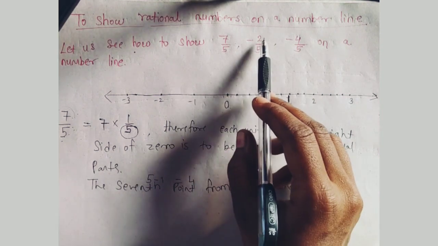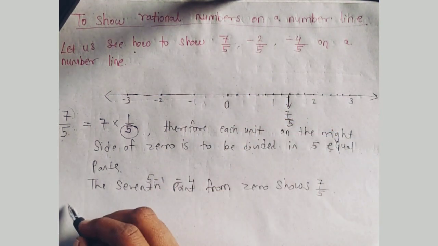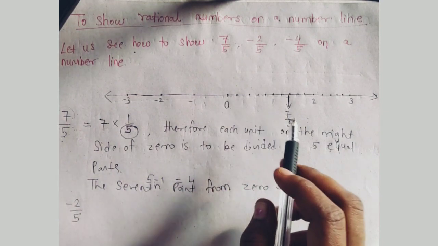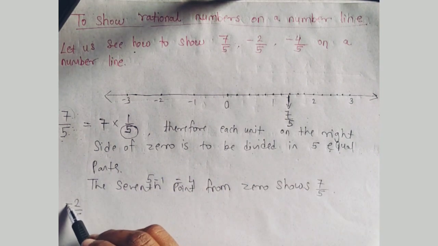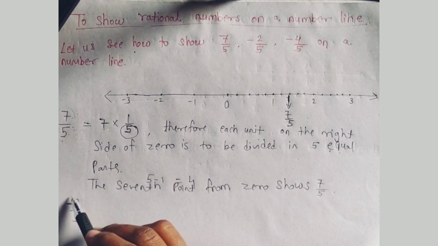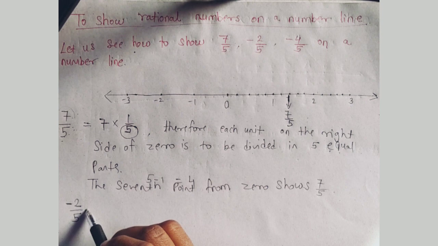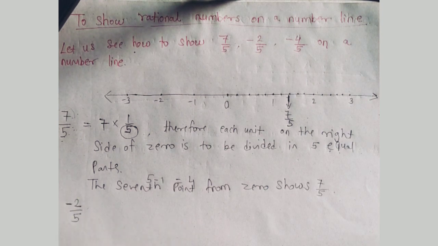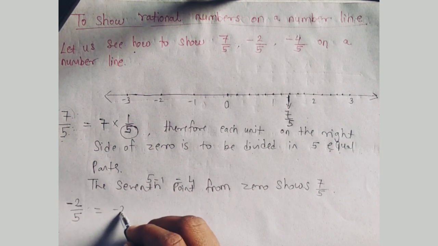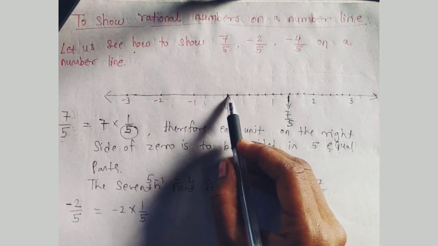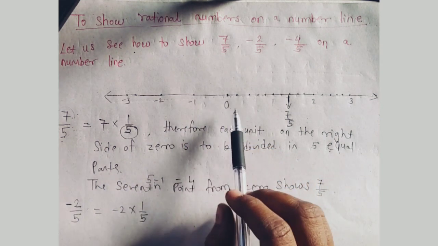Similarly, we can show minus 2 upon 5 on the number line. Minus 2 upon 5 is a negative rational number. We can expand this: minus 2 into 1 upon 5. Same, left side of the 0.